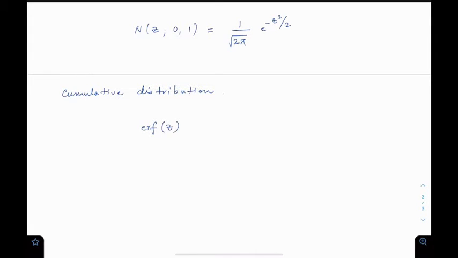It is the integral from minus infinity to some z of e to the power minus x square by 2. So this is known as the error function, or alternatively the normal probability integral.